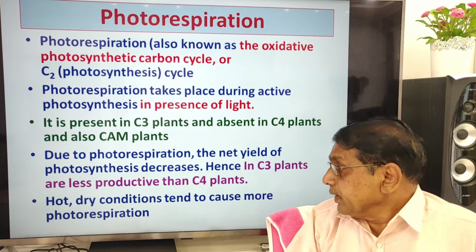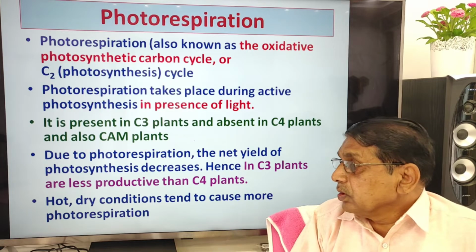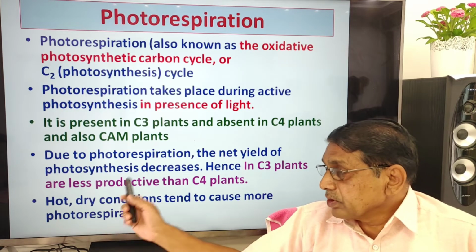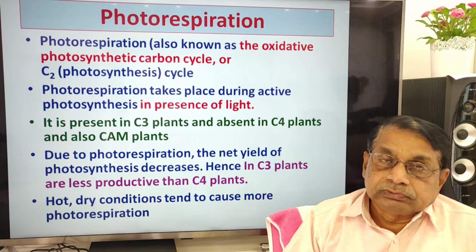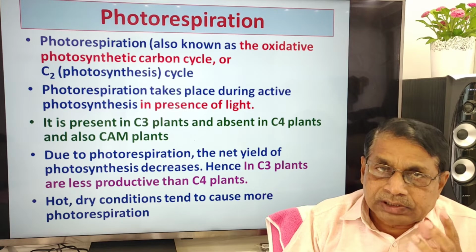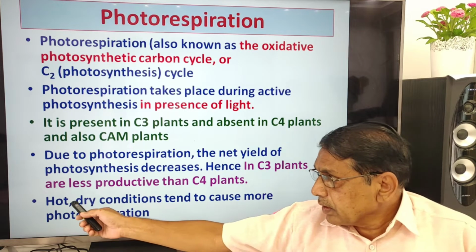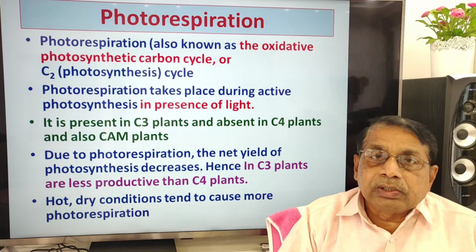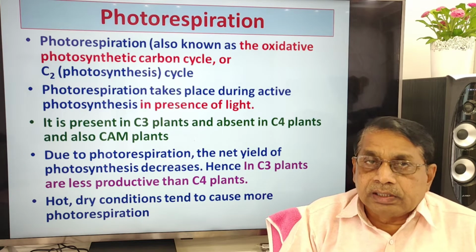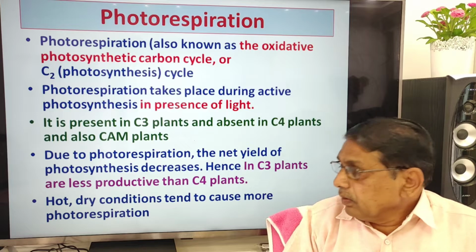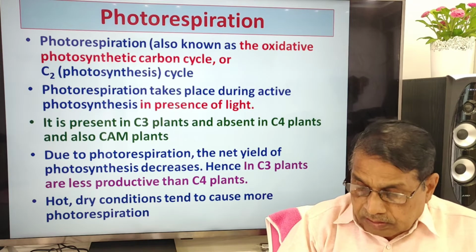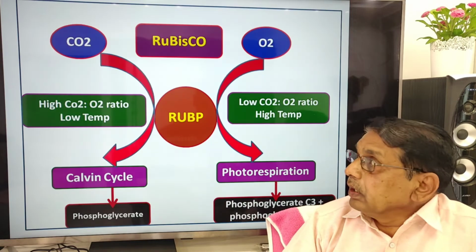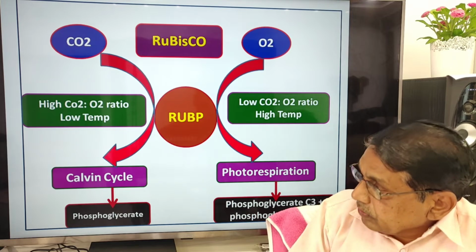Hot, dry conditions tend to cause more photorespiration. Generally, C4 plants grow under hot conditions, in tropical countries where the temperature is high.